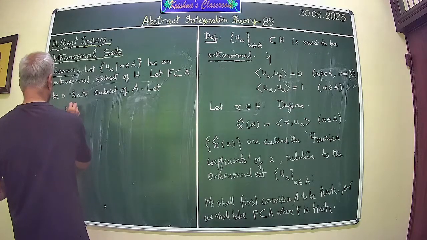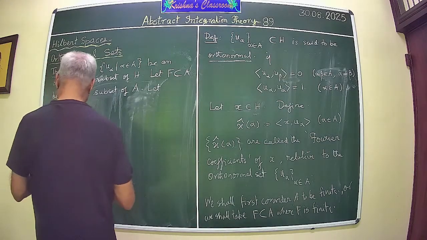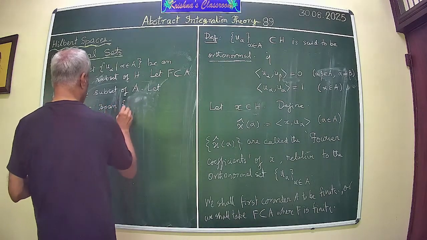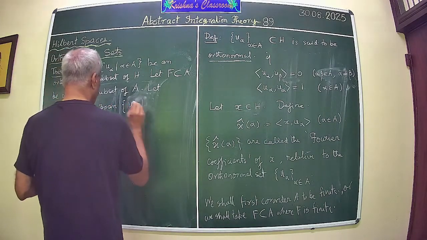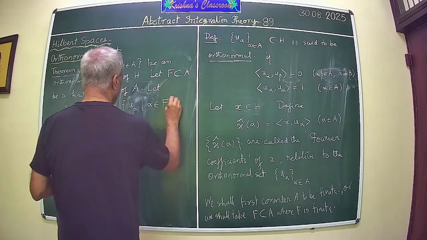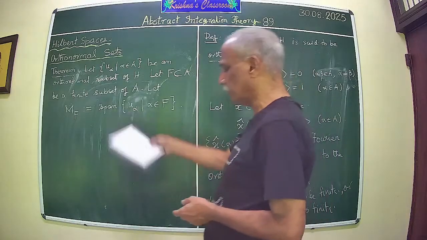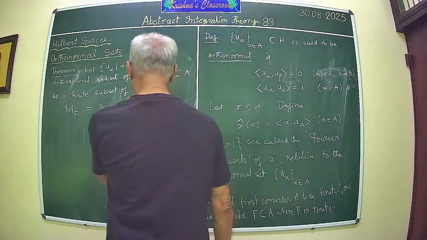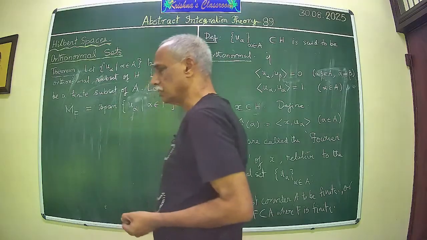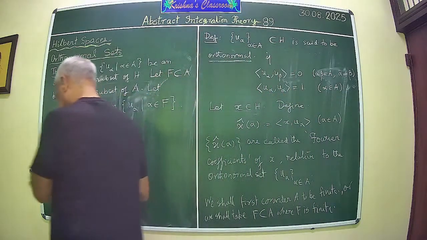Let M_F be defined as the set of all linear combinations of U alpha, alpha belongs to F. So that means you have a finite set of elements U alpha, and you are taking the linear combinations of all those vectors. Then M_F is a subspace.